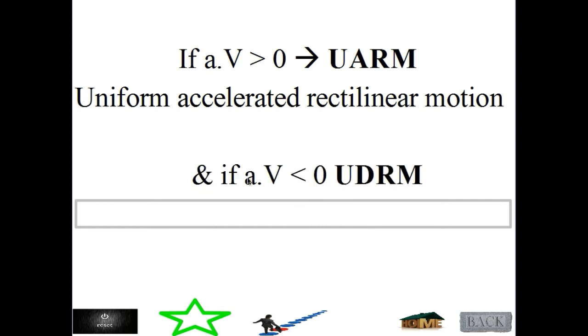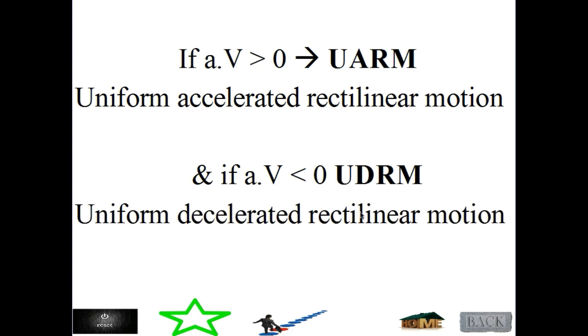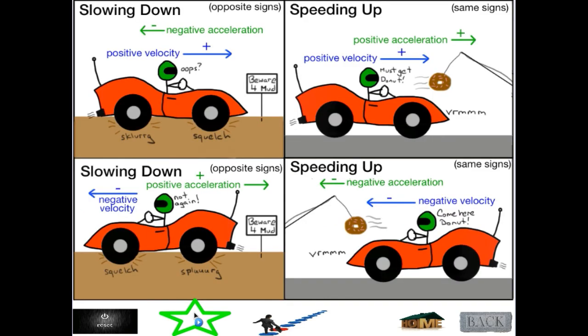If a dot v is less than 0, if a is negative and v positive, then it is uniform decelerated rectilinear motion. And by the way, the three equations for uniform accelerated rectilinear motion we use the same in uniform decelerated rectilinear motion. No need to change them, only the acceleration will be negative.